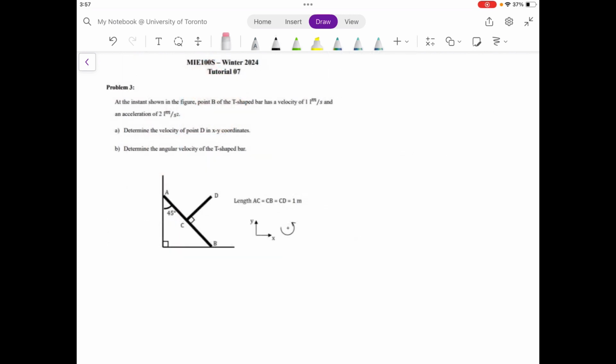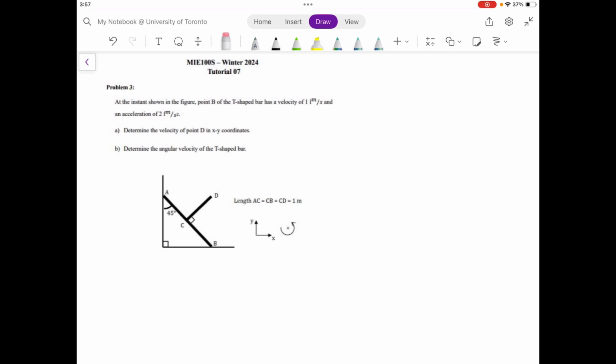Question number 3. At the instance shown in the figure, point B of the T-shaped bar has a velocity of 1 meter per second and an acceleration of 2 meter per second square. We need to determine the velocity of point D in xy coordinates as well as the angular velocity of the T-shaped bar.